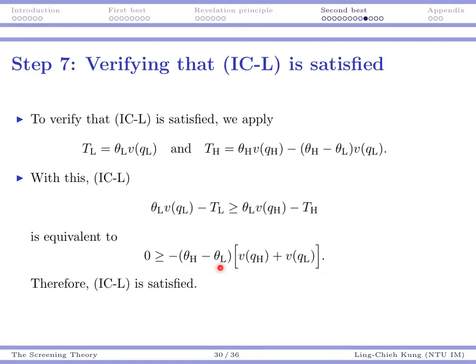And then this is positive, this is positive, this is negative, so ICL can be satisfied with any optimal solution. So with that, we complete our analysis about this problem. We can really show how to get an optimal or second best menu according to our parameters. Okay, that's the end of the solution.